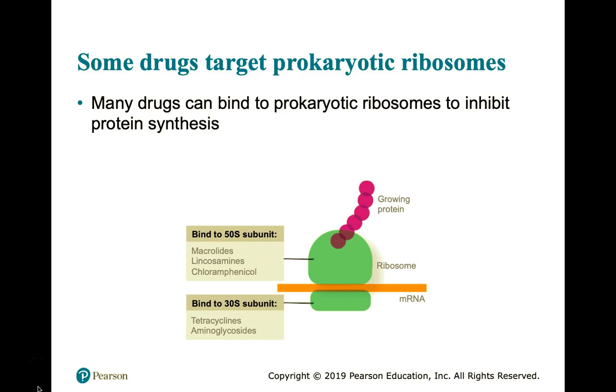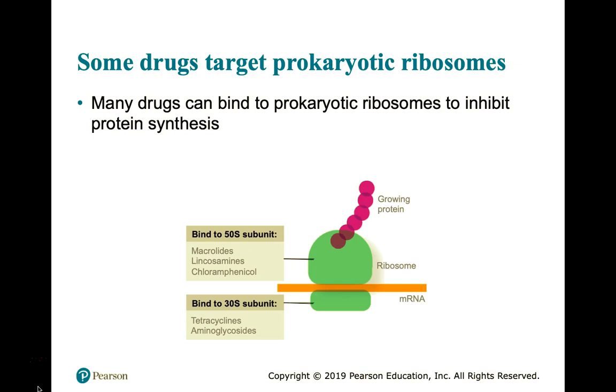So it could pose a problem to mitochondrial ribosomes, but human ribosomes in general are not really affected by this because they are very different in structure, and these antibiotics target bacterial ribosomes.